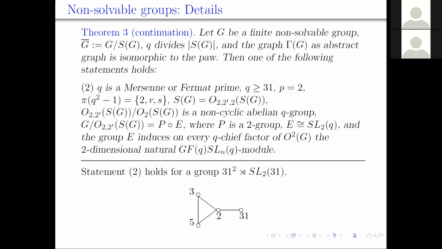So the second case is Q is a Mersenne-Fermat prime, and the condition on numbers Q, P, R, S, and the normal structure of G you can see on this slide, and this case is realized for the following groups. And you can see the Gruenberg-Kegel graph of this group.